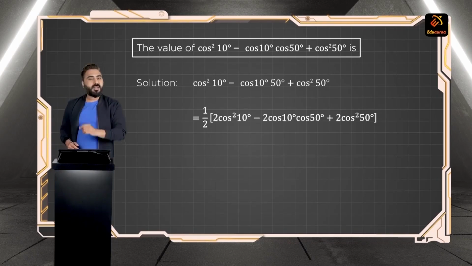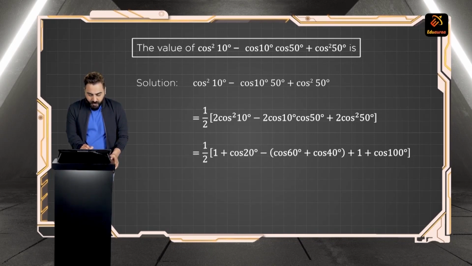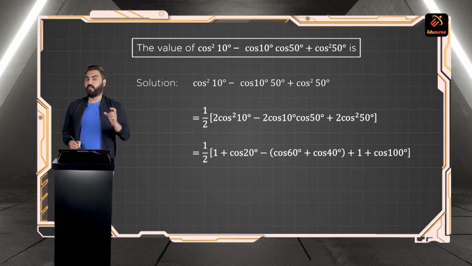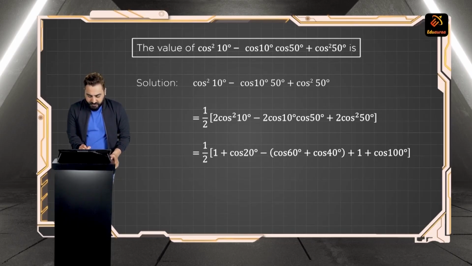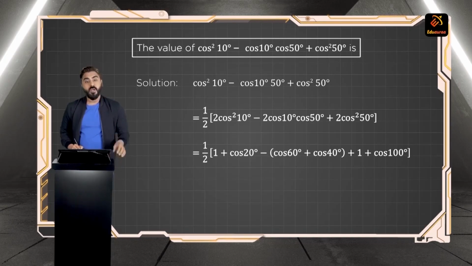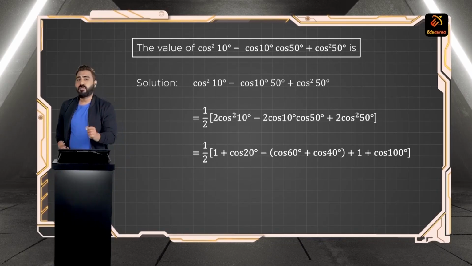So the next step will become 1 by 2 into, put a bracket, always put necessary brackets, otherwise the sum will be wrong. So 2 cos square 10 degree will become 1 plus cos 20 degree. And along with that, minus 2 cos 10 into cos 50.